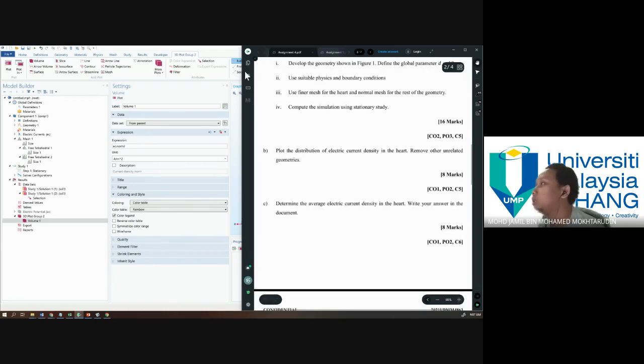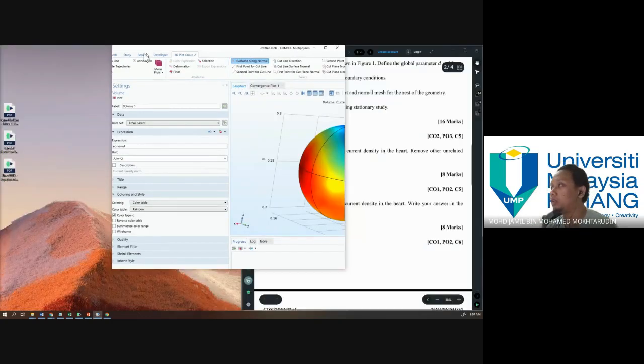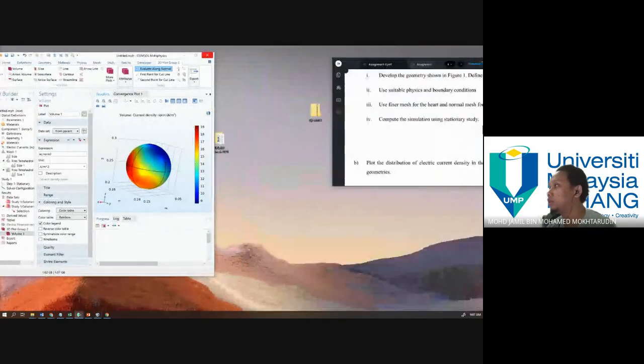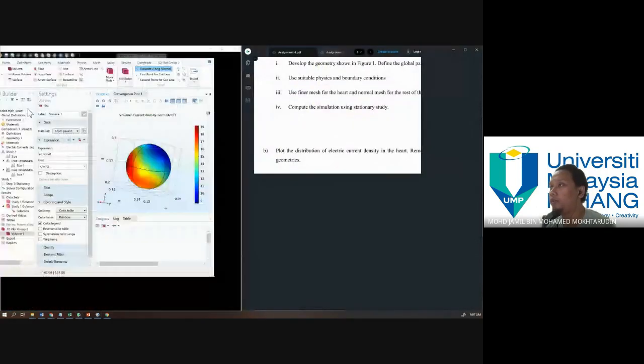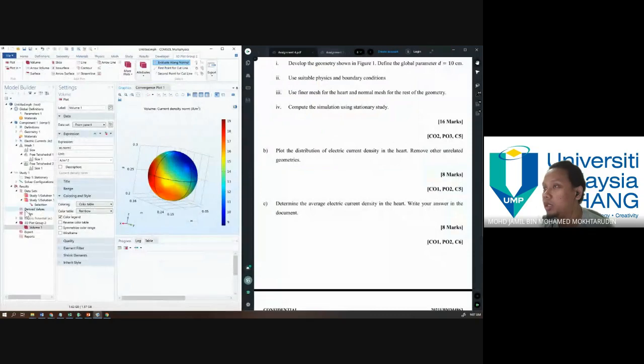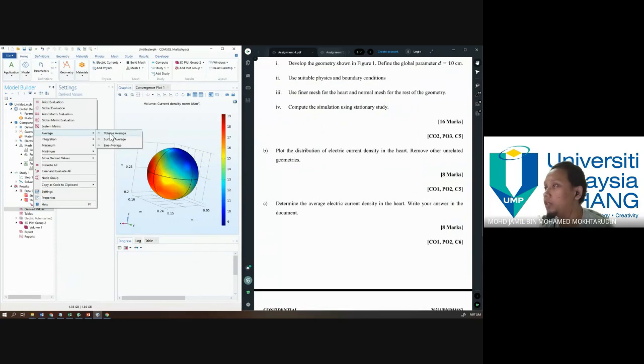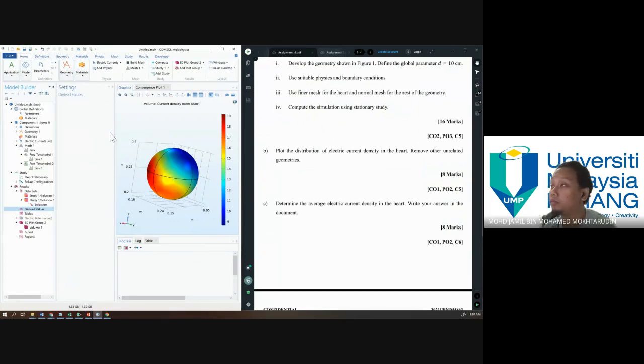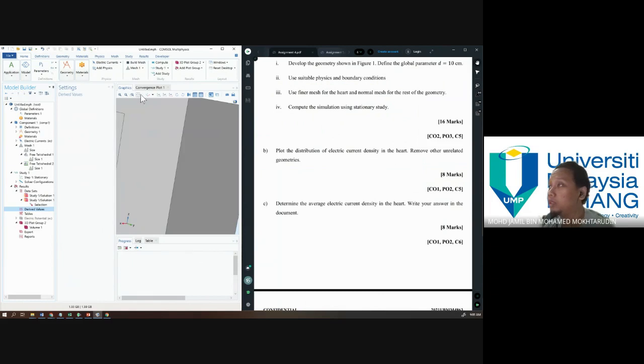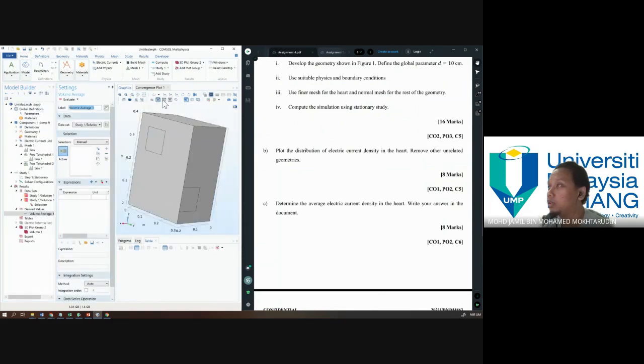And now question C, determine the average electric current density in the heart. Okay, so this one, you need to do averaging. So here in the derived value, right click, choose average and volume average, because the heart is a volume. Okay, it has a geometry. So then again, choose the heart.